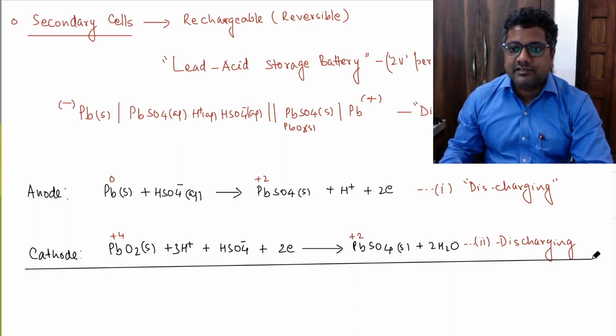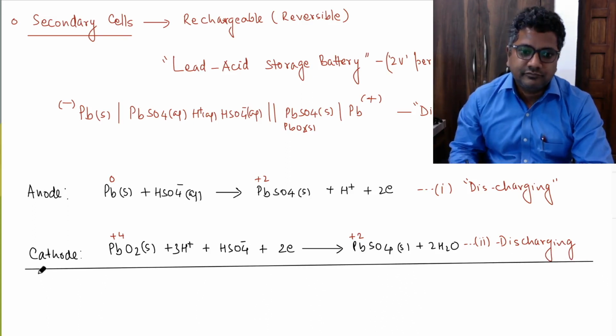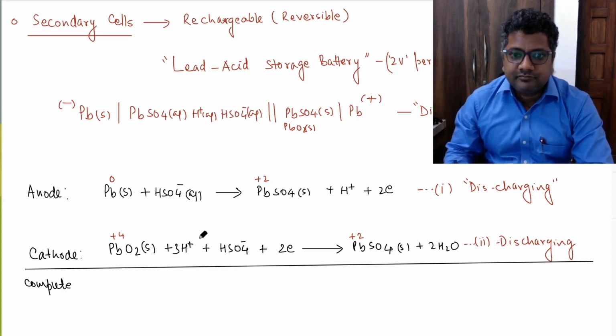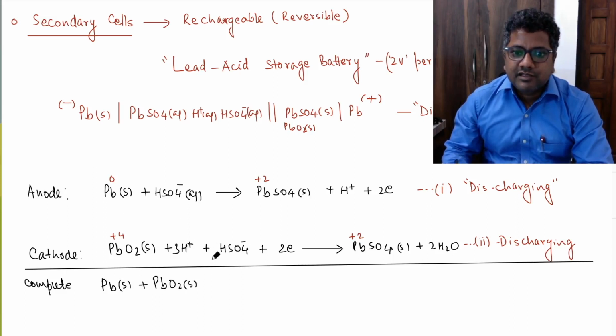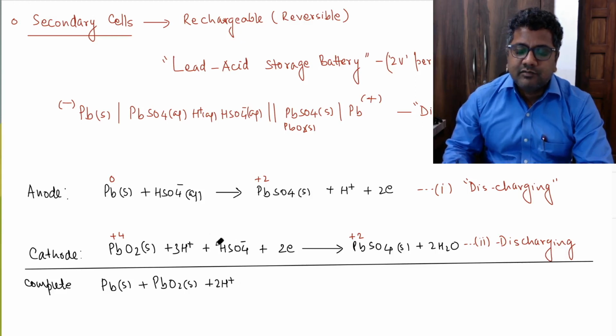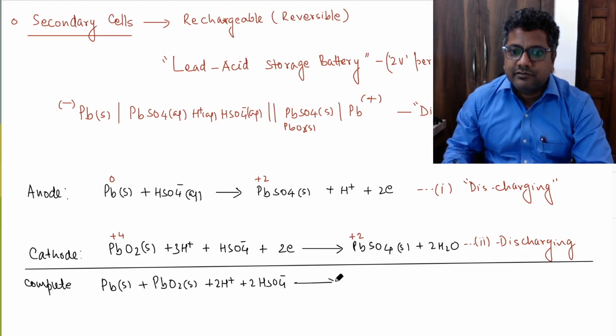The complete cell reaction is, now see here, Pb solid plus PbO2 solid plus 2H plus, only 2H plus is left here, plus 2HSO4 minus will give you 2 PbSO4 plus 2H2O, right?